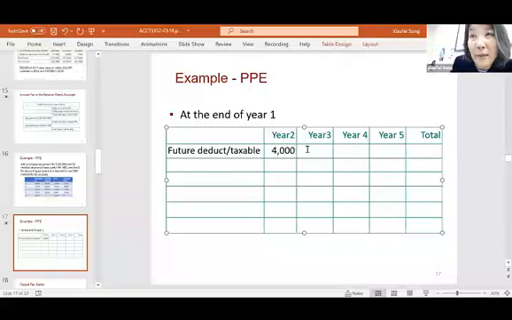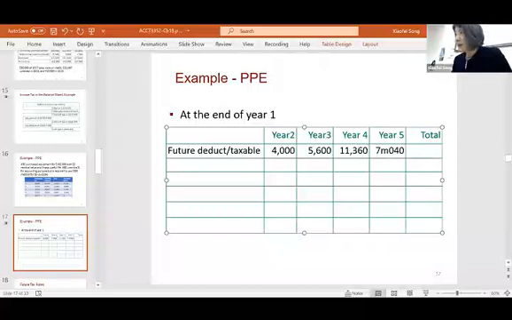Year 3, I'll just read off the amounts, is 5,600, and year 4 would be 11,360. Sorry, and year 4 would be 8,640, and year 5 would be 7,040.